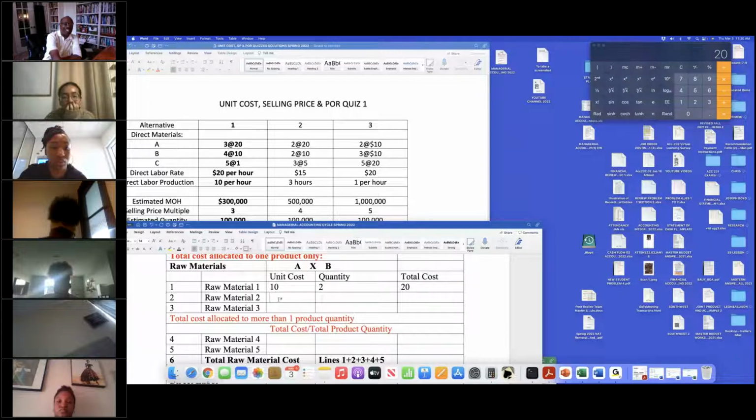So 3 times 10, which is 30. And then your final raw material is 20 times 5. The unit cost is 20, and 5 is the quantity, which equals 100. So what's our total raw material cost? 150.